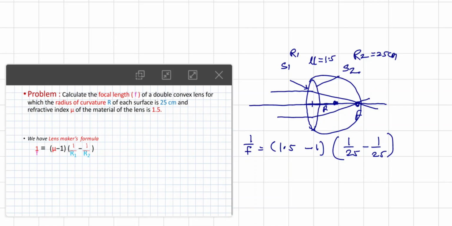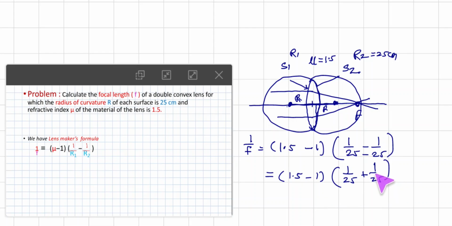But if we consider this second circle, with its radius of curvature r2 from its center of curvature, it is to the left of the optical center, and so this must be treated as negative.